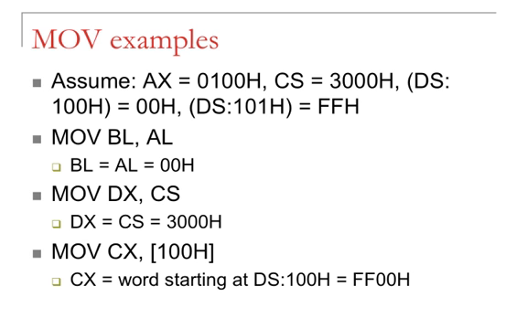So if we're loading this word into CX, we're going to use FF as the MSB and 00 as the LSB. So that's going to be FF00 loaded into CX. Any questions?